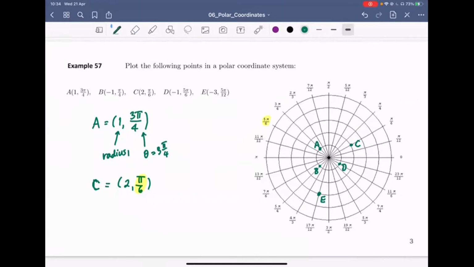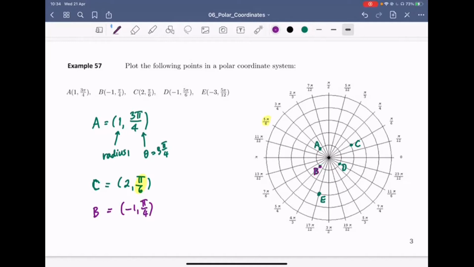One thing that is hard about polar coordinates is that for one point, you can have more than one representation. Let's say the point B here. The point B is negative 1 and pi over 4, which is going to be this point.